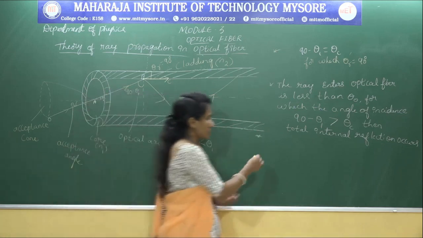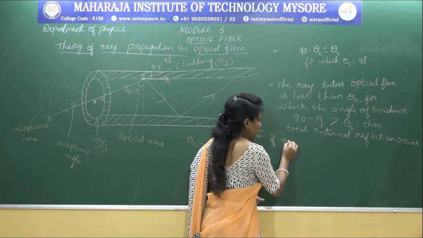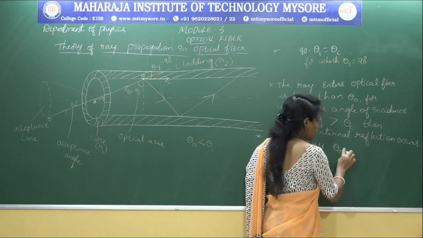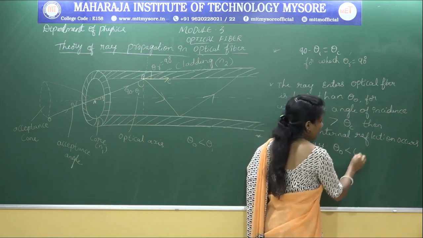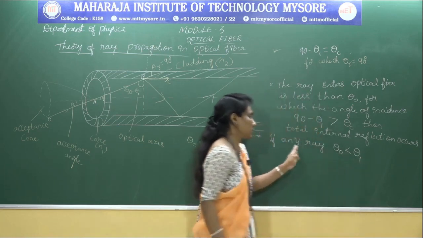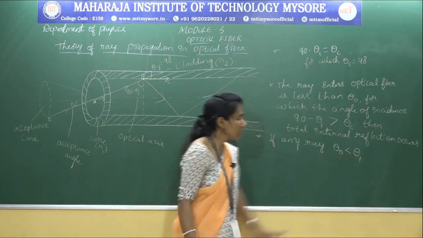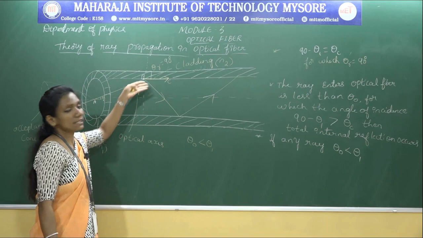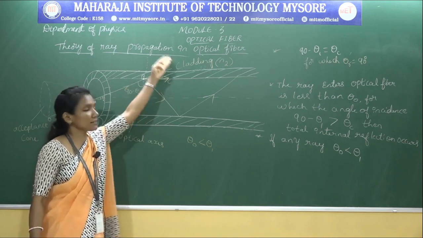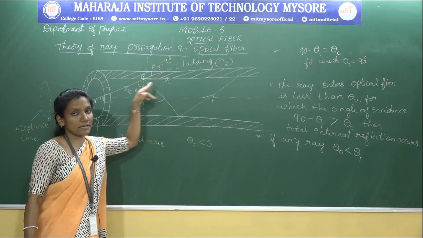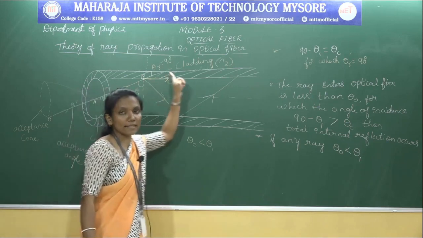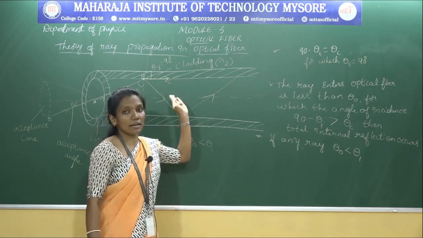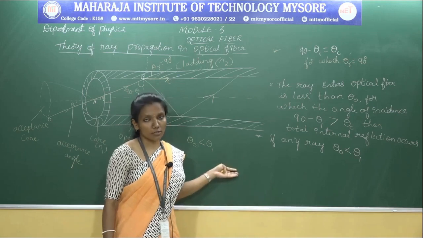Okay. So, suppose any ray has an angle greater than the acceptance angle, that is, theta naught is less than theta 1, then what will happen? The ray of light will enter inside the optical fiber, and it will refract through the cladding region. The data and the information will be lost in the optical fiber.